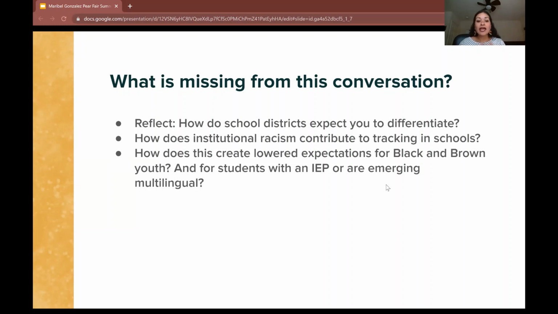Also think about how differentiation creates lowered expectations for Black and Brown youth specifically, and for students with an IEP or who are emerging multilingual. So I invite you to think about the answers to these questions, especially as we continue the conversation about how differentiation is a form of institutional racism.